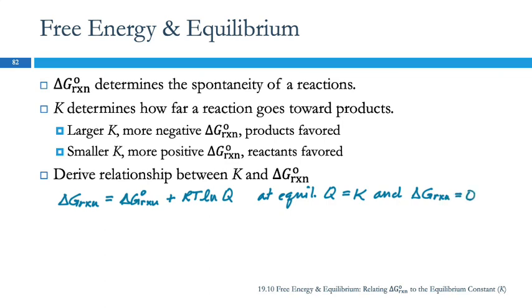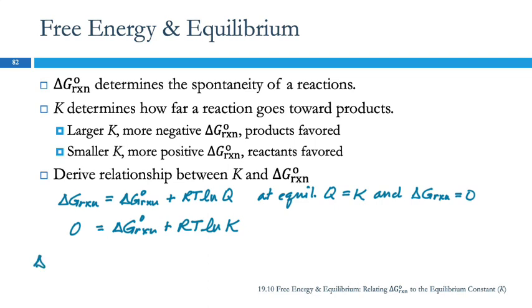So we can take those things and plug them into this equation. Delta G is 0, plus RT natural log of K. I can't remember which way they do it.